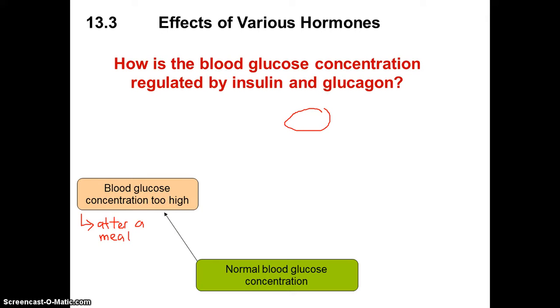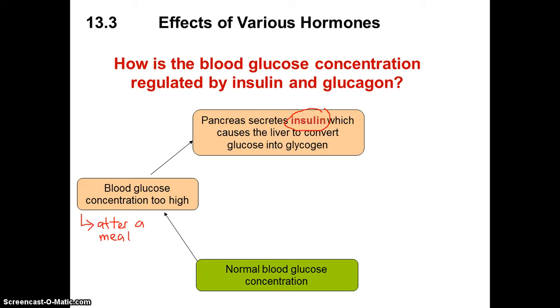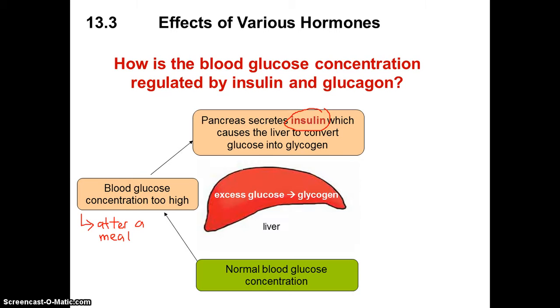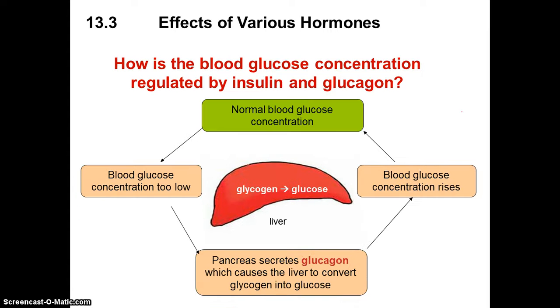When the normal blood glucose concentrations increase after a meal, the pancreas will secrete insulin that causes the liver to convert the glucose into glycogen. This excess glucose converted into glycogen causes the blood glucose concentrations to fall back to normal. However, what happens when your blood glucose concentration goes too low?